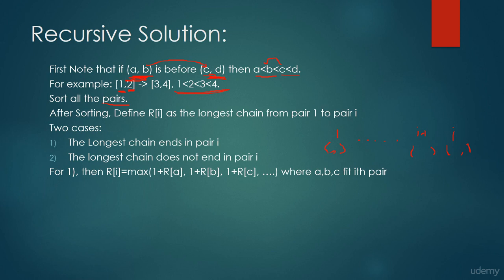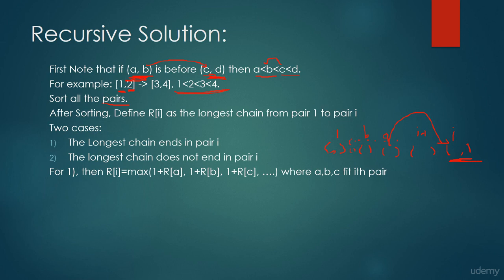Now, we're saying that if the longest chain from pair 1 to pair i ends here, then the chain is from some element here jumping to the ith one. So there's an element here that fits i, that i follows, and so this element might be A. Another element in the middle here might be B. Another element in the middle might be C, and so on.